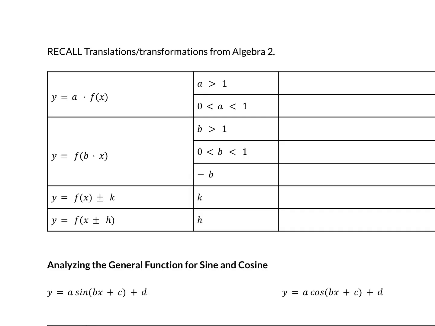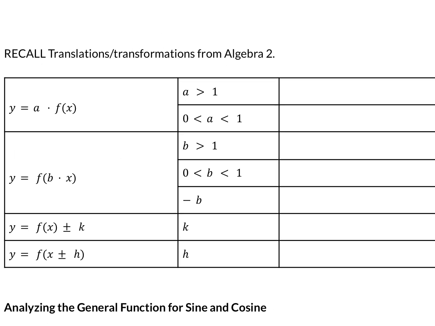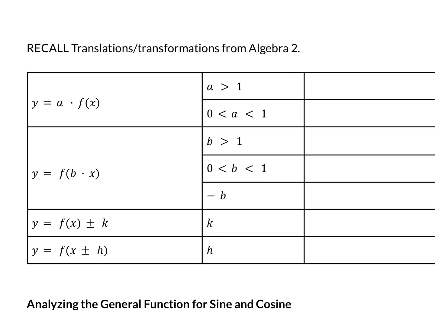Our flashback from Algebra 2 of what happens to all these things. This is a generic thing, right? If we have a number a, and this number is being multiplied by my function, if this number is bigger than 1, like if it was 4 times my function, that's going to be a vertical what? Stretch or shrink?